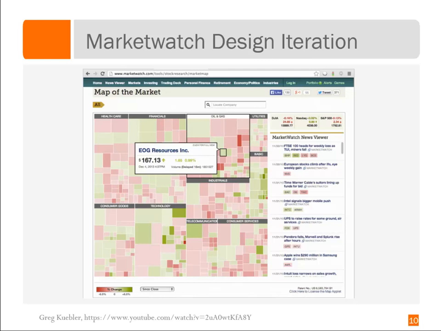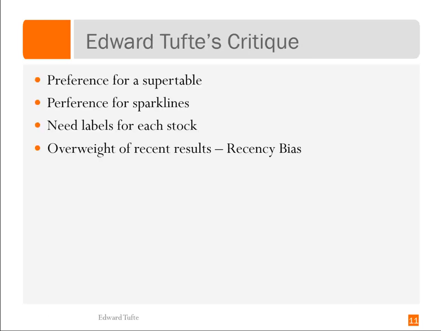Now let's talk a little bit about different points of view of data visualization. So our friend Edward Tufte, that we began this semester discussing, had a critique of this particular data visualization. Tufte suggested that he had a strong preference for what he called a super table.